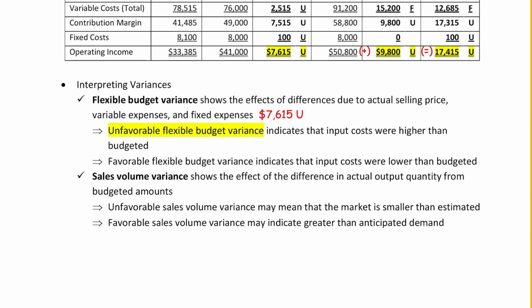That indicates that underlying input costs were higher than budgeted. You spent more than what you budgeted. And/or sales price, in brackets dollars, they were less than budgeted, and underline sales price.